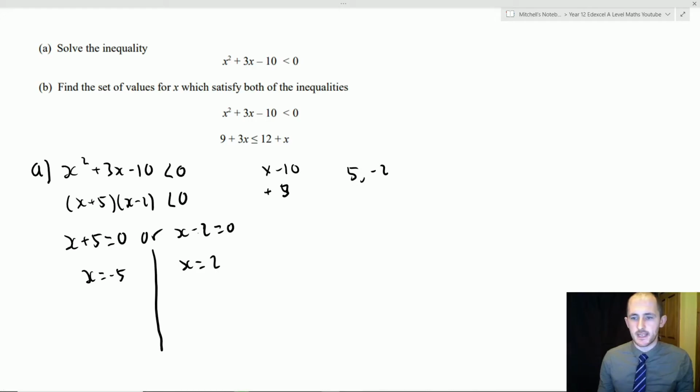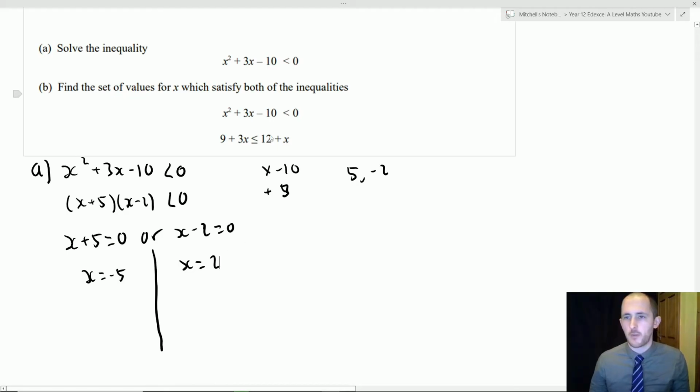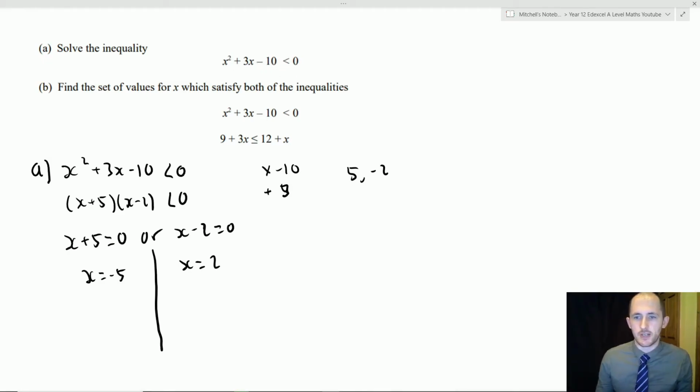Now the question is we need to now figure out which way the inequalities are going to go. Okay, so I'll go through it one more time. So it's asking us to solve this inequality here, right? So what I like to do is you can just pretend it's an equal sign. Okay? So do the same thing you'd do.